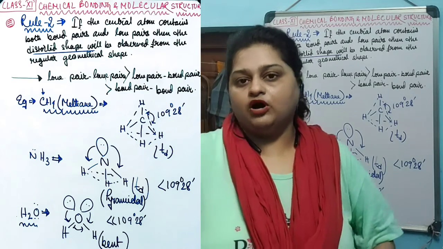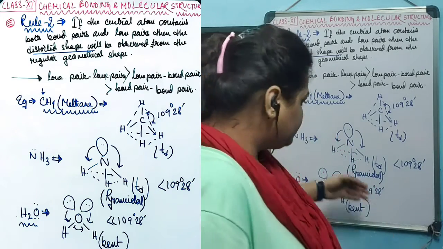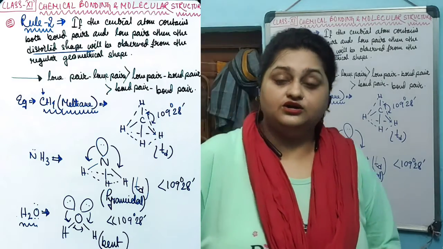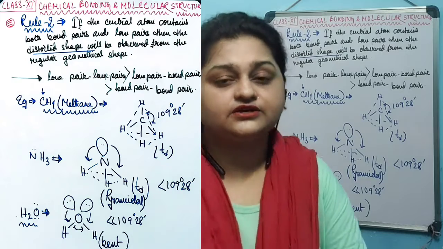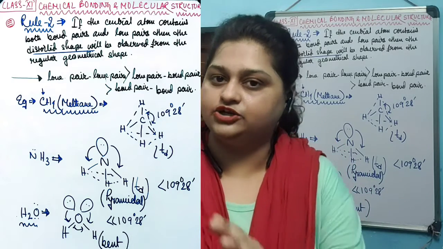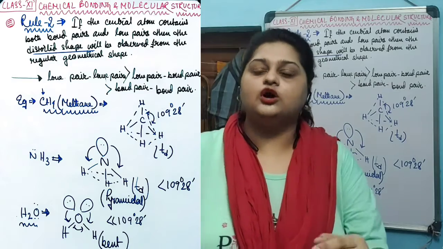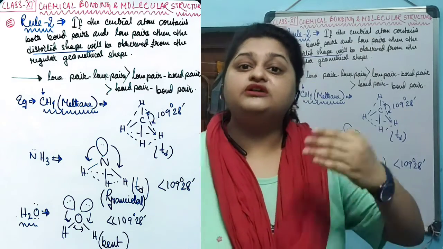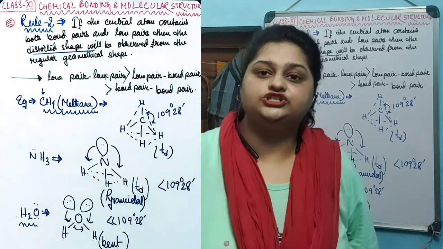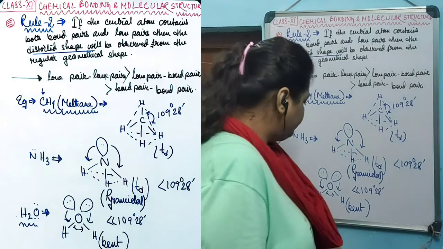The bond angle in this kind of pyramidal shape, in ammonia, is less than the regular tetrahedral bond angle, that is 109 degrees 28 minutes, because of the lone pair bond pair repulsion. The second distorted shape is the bent shape.